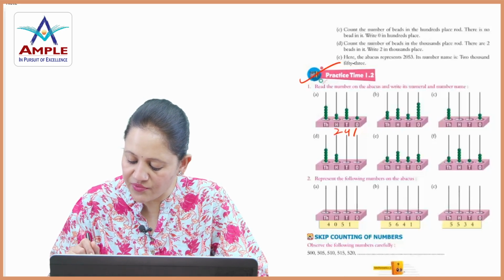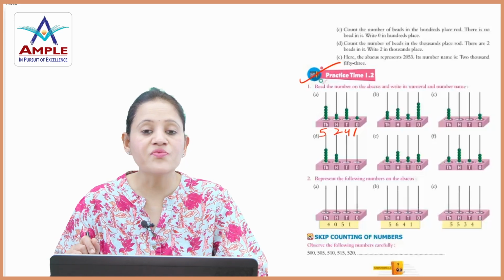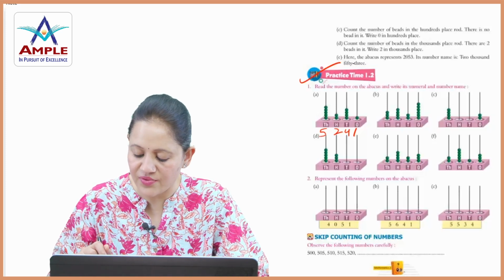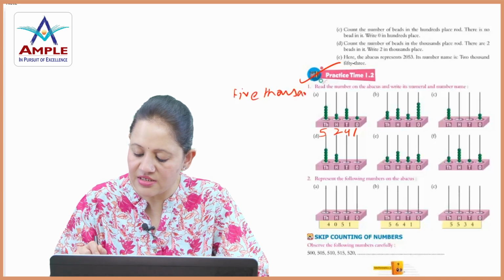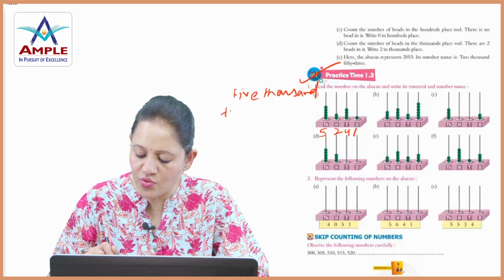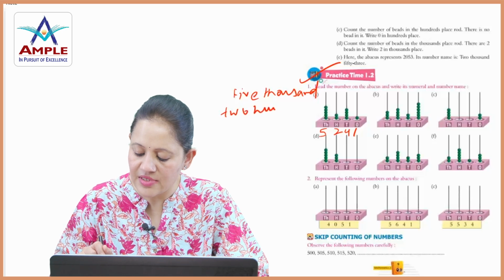Then 1, 2, 3, 4, 5. So our number is 5241. So we'll write the number name: five thousand two hundred forty-one.